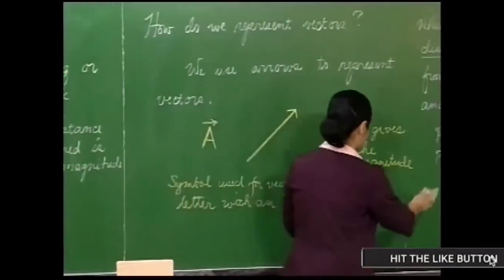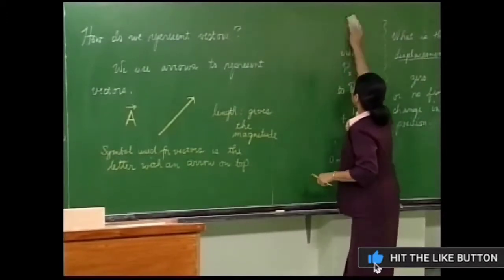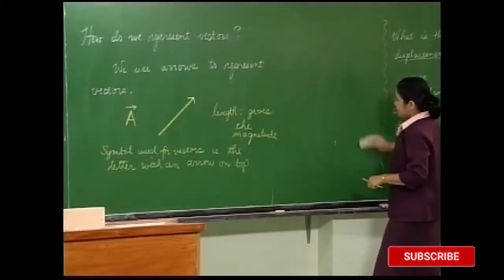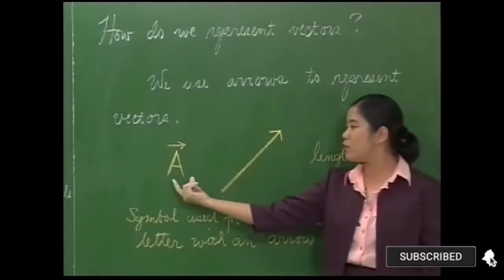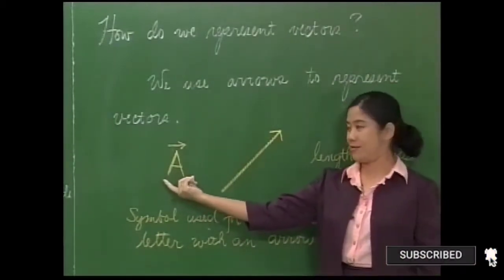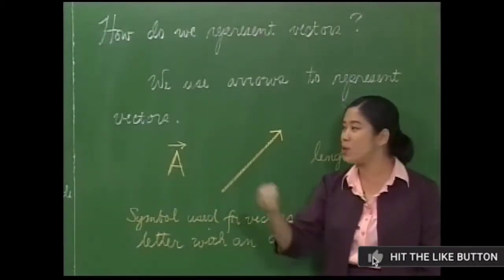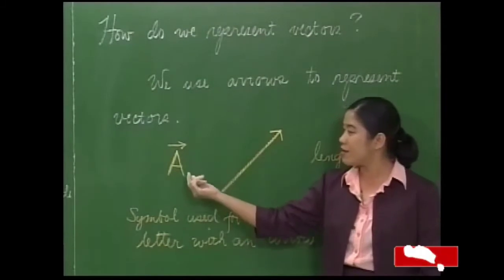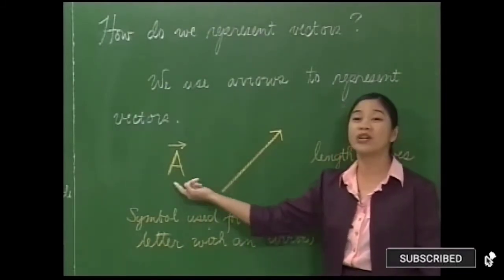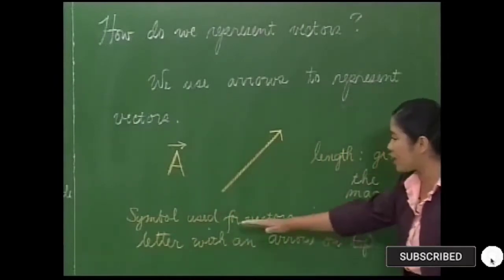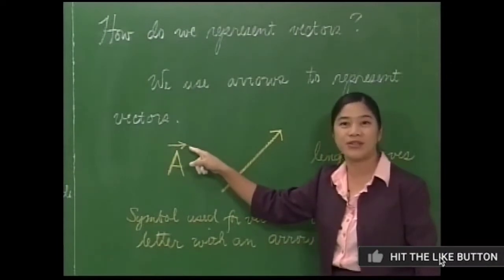So this is your vector. Now, let me clarify things a little bit more. By the way, sometimes they also use bold-faced letters for a vector. But we will not use that here in high school and on the blackboard because it will be difficult for you to differentiate bold from normal font. So it is better for us to use the letter with an arrow on top.